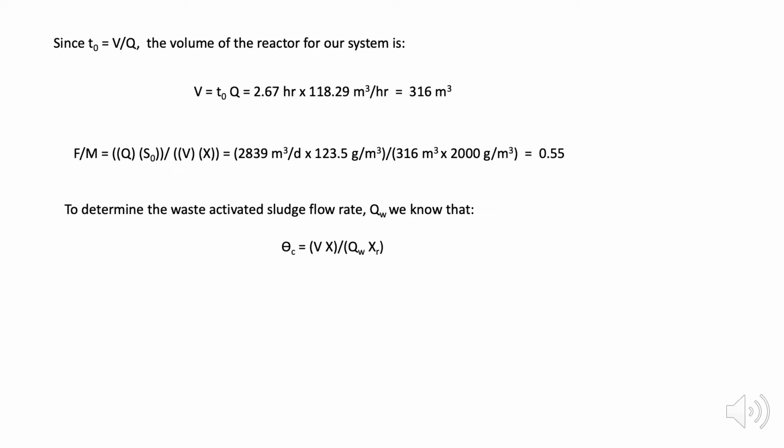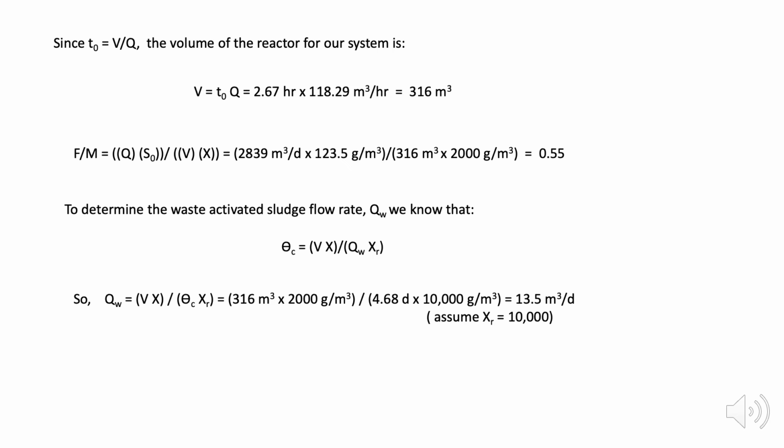And if you remember from our little definition figure of our system, we're wasting from the underflow of the clarifier, or from the activated sludge recycle line. So our concentration there will be X sub R. Now we can rearrange that equation to solve for the waste activated sludge flow rate, Q sub W. When we rearrange it, it looks like this. Substituting our known values in, we find that the waste flow rate is about 13.5 cubic meters per day.